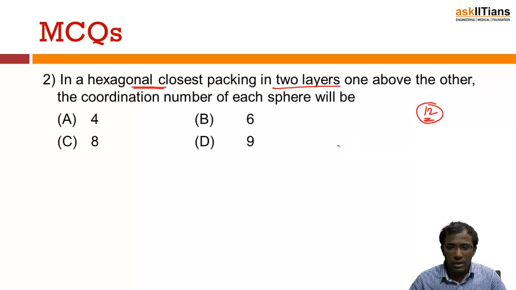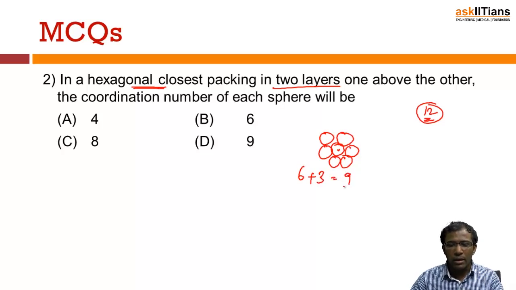In the first layer we have a hexagon, in which the middle particle is in contact with 6 particles. If you consider one more layer above, this middle particle is in contact with the 6 particles in its own plane plus 3 particles above. So 6 plus 3, total 9. In hexagonal closest packing in 2 layers, layer A and layer B, the coordination number is only 9.